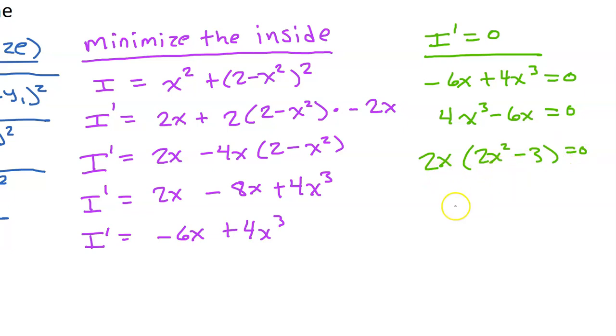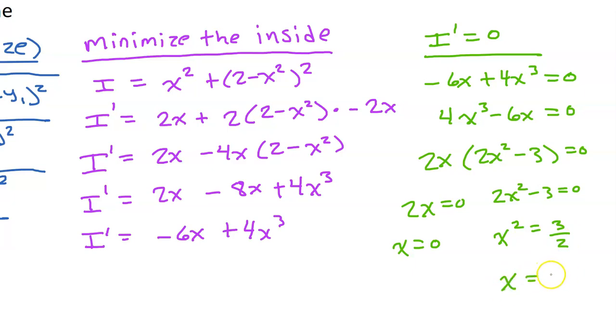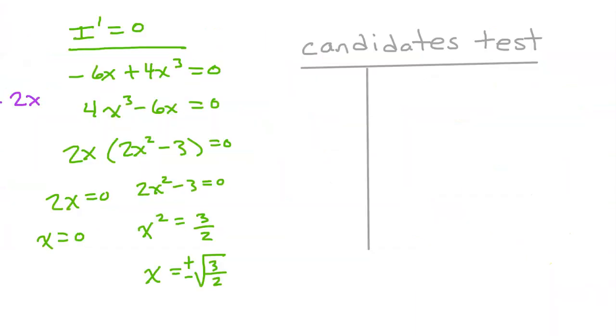Setting each of these factors equal to 0, I have 2x equals 0, and I have 2x squared minus 3 equals 0. From this first little equation, I get x equals 0. Over here, adding 3 and dividing by 2, I get x squared is equal to 3 over 2, which means that x is equal to plus or minus the square root of 3 over 2.